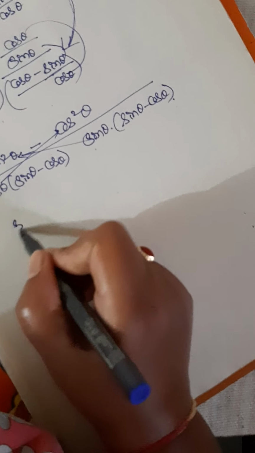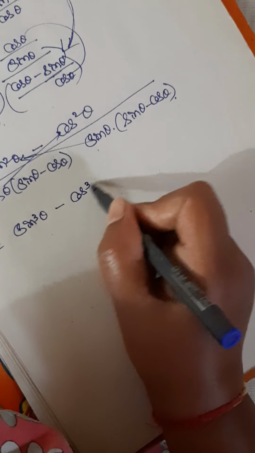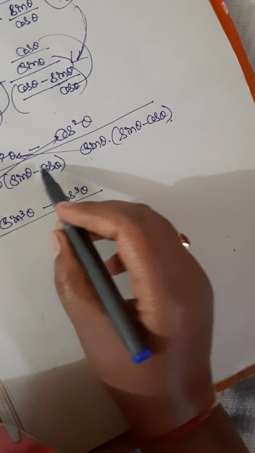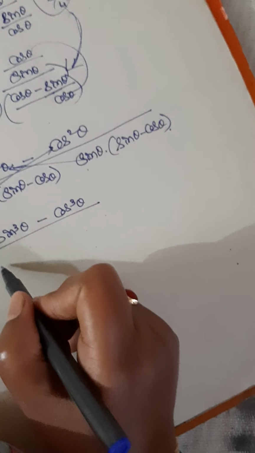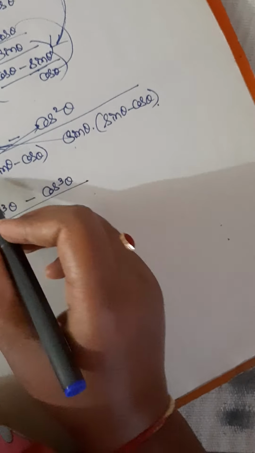So take this sin theta this side and this cos theta this side. Now it will be sin cube theta minus cos cube theta divided by these both. These both will be cos theta into sin theta.